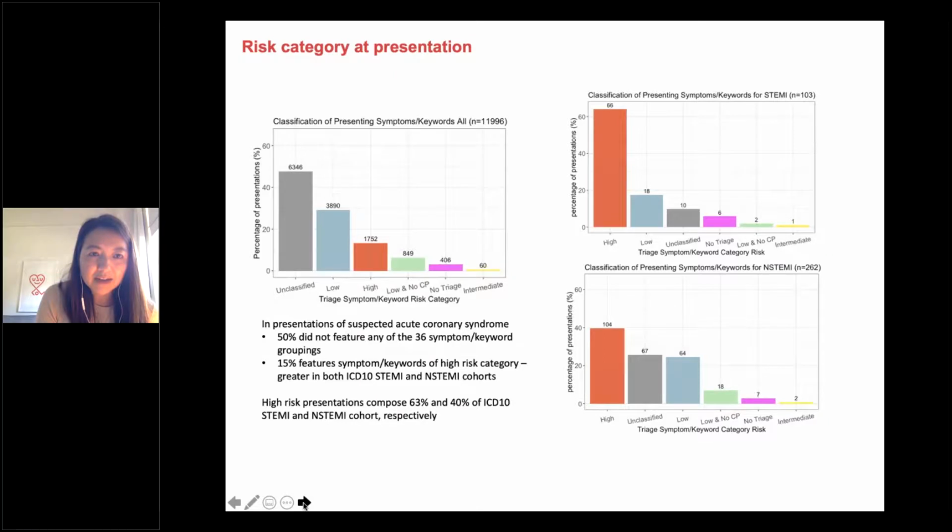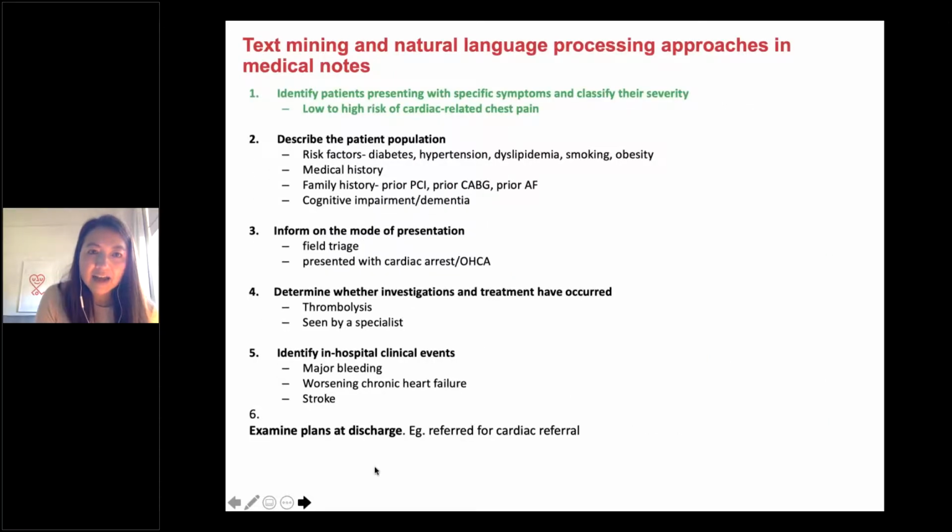I won't go over this slide, but I wanted to say that a lot of the fields in the case report form for cardiac registries are captured in the medical notes. We have been spending a fair bit of exploration on this process, and these are some of the things we would like to capture from the clinical documentation.